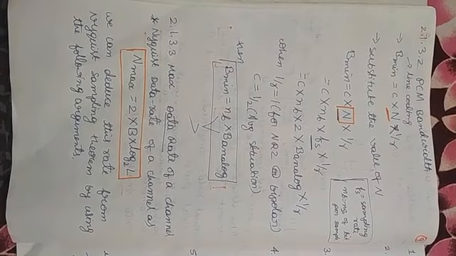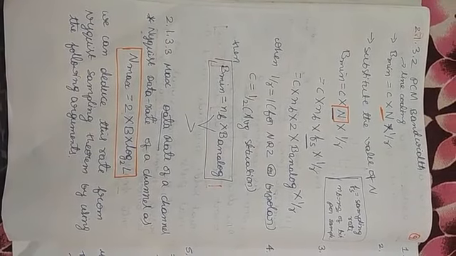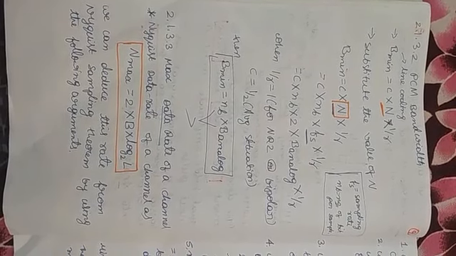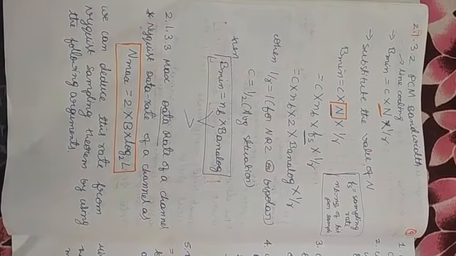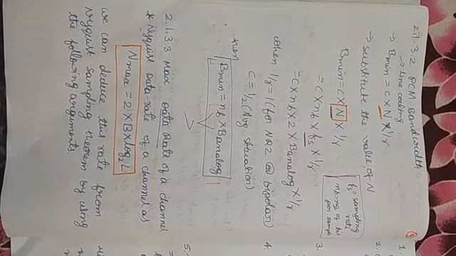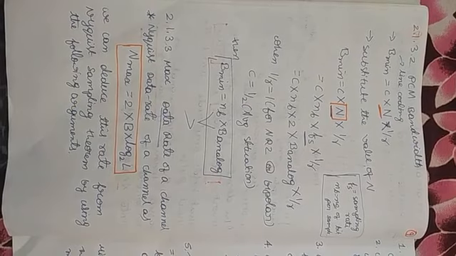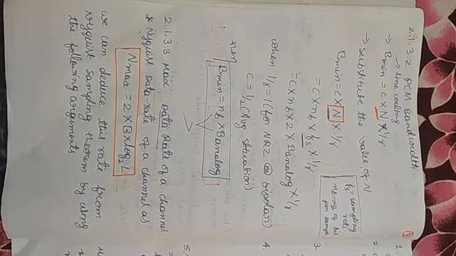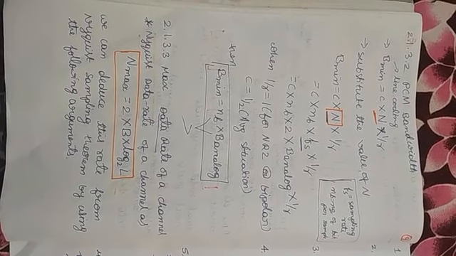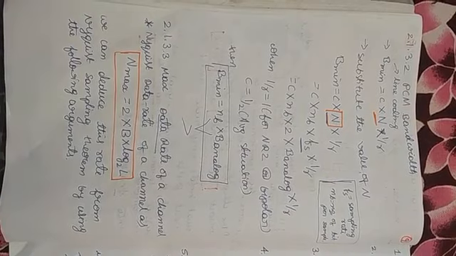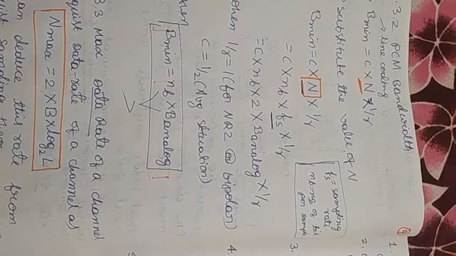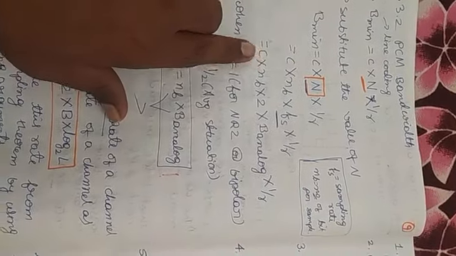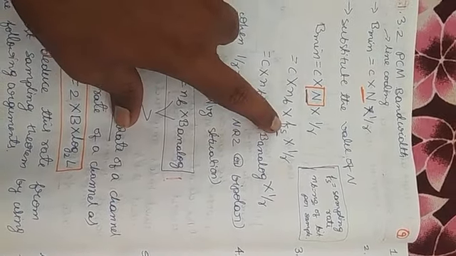Here is the PCM bandwidth. Minimum bandwidth is equal to C times N times 1 by R. Here we have to substitute the N value. What is the N value? It is nothing but NB times Fs. NB is the number of bits per sample. Fs is the sampling rate. In the next step, we substitute the Fs value.